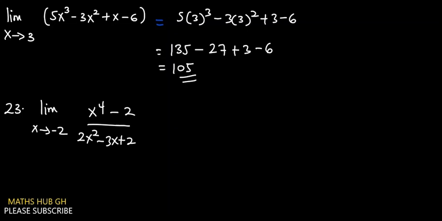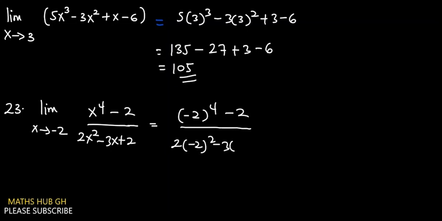So this is the next question. Let's try the direct substitution method here first before we try anything else, in case the direct substitution doesn't work. So we're going to have minus 2 to the power 4 minus 2, divided by 2 brackets open minus 2 squared minus 3 brackets open minus 2 plus 2.